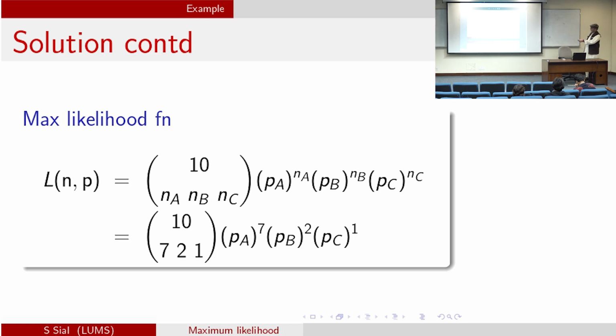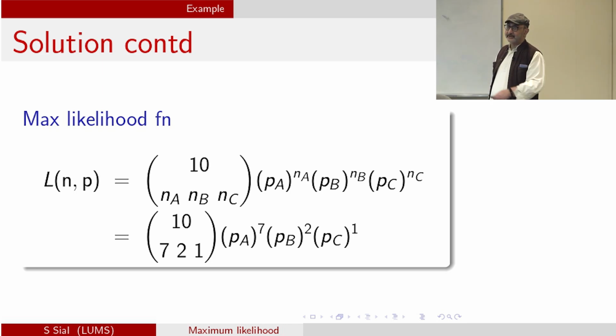So this is a function of these three probabilities, right? And they have a constraint on them that these individual probabilities have to sum to 1. Okay? And we want to find the maximum of this function.